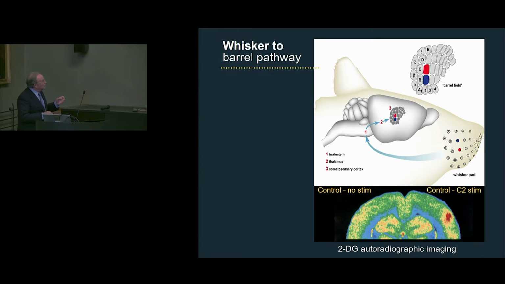And you can actually selectively stimulate a vibrissa and then see an increase in imaging of glucose with 2-deoxyglucose autoradiography in the corresponding barrel. So it's a nice system to study coupling between activity and glucose utilization.